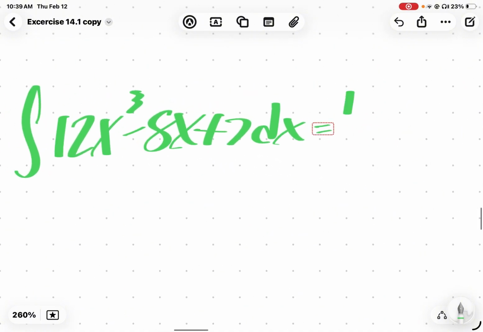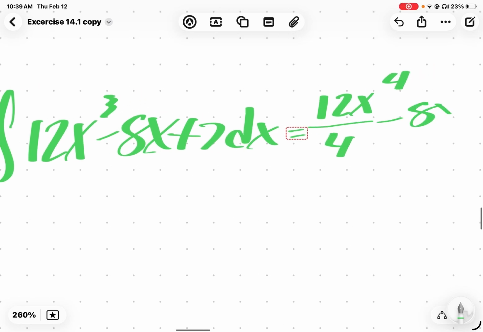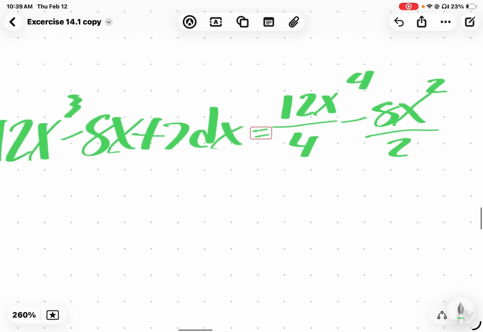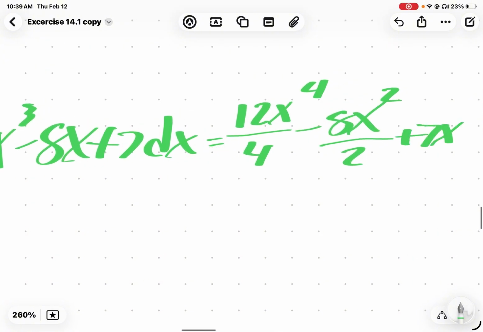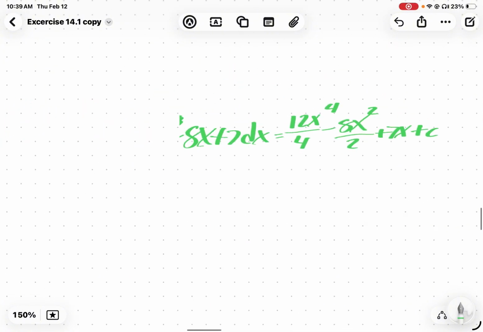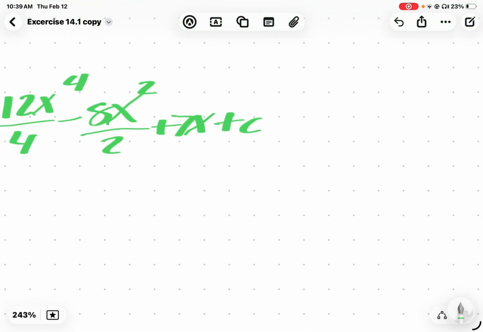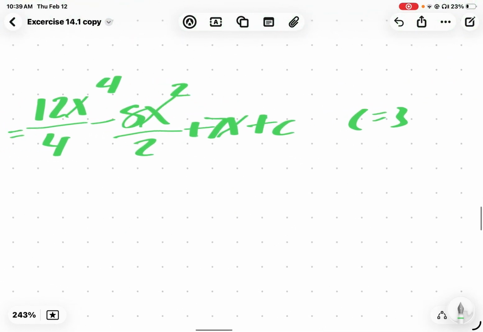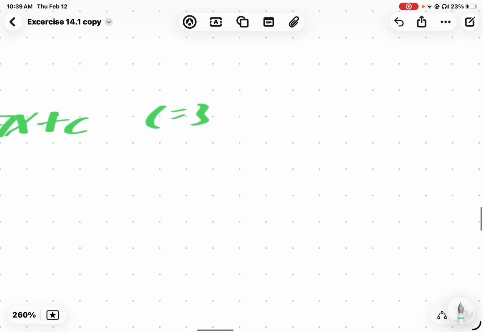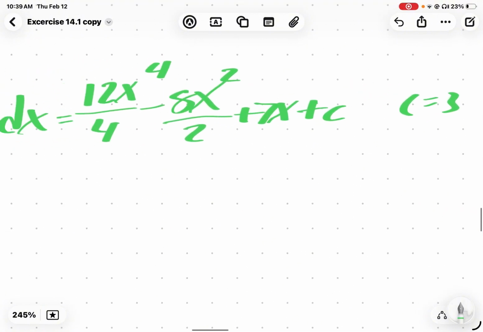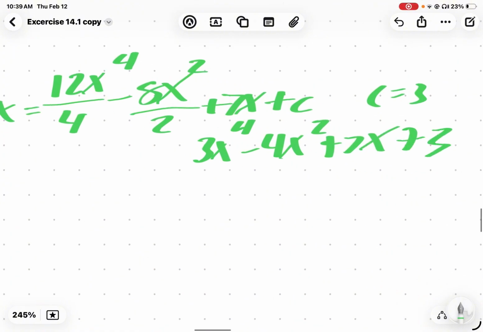Using reverse power rule, that's 12x to the fourth over 4 minus 8x squared over 2 plus 7x plus c. And now we're given that f of 0 is 3. Therefore, c equals 3. So that means our answer simplifies to 3x to the fourth minus 4x squared plus 7x plus 3.